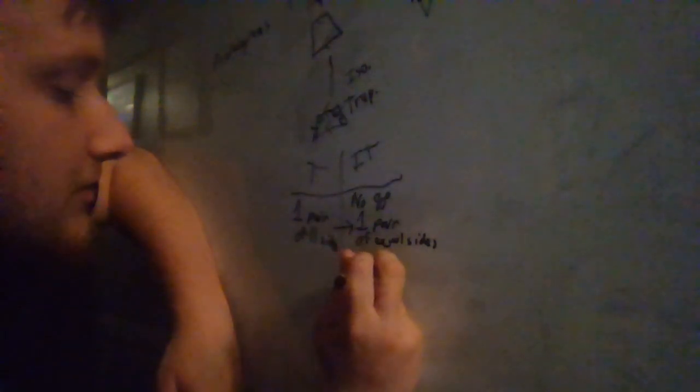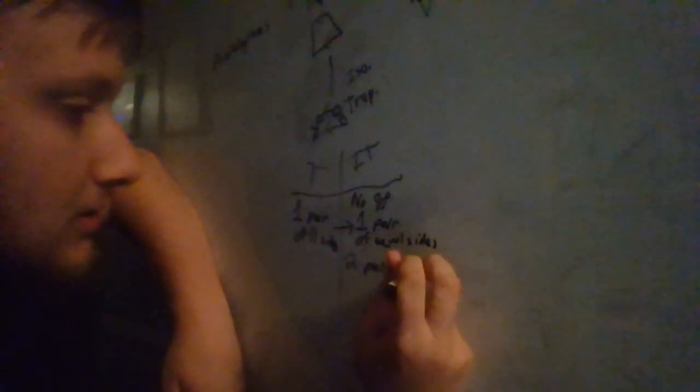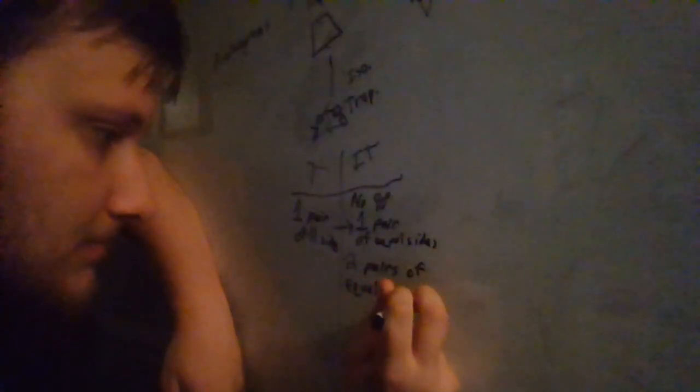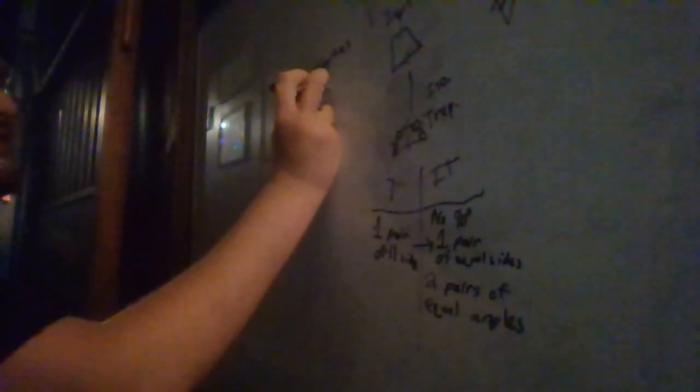And on top of that, this also has two pairs of congruent angles. So, now we have established kites and we've established trapezoids. Over there is kites, here is trapezoids. Now, onto parallelogram. The rule for parallelogram is simple. Both pairs of sides must be parallel. No exceptions at all.